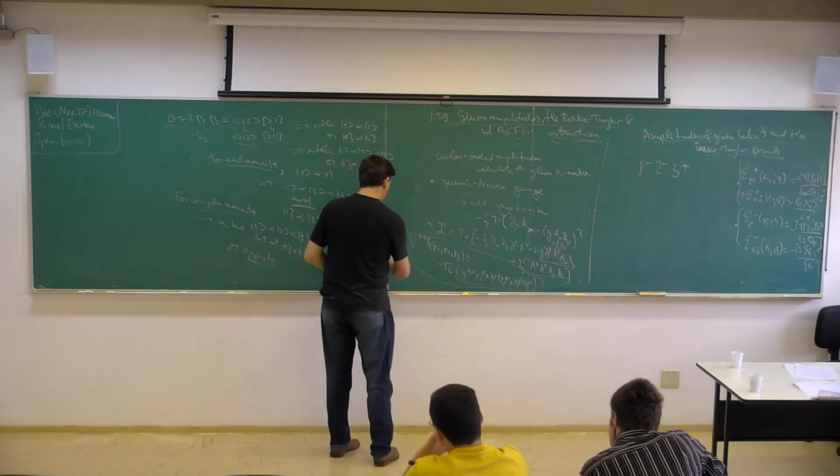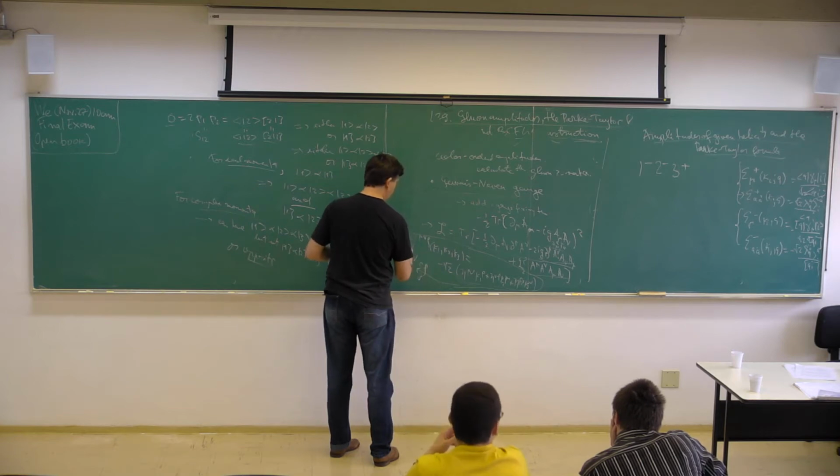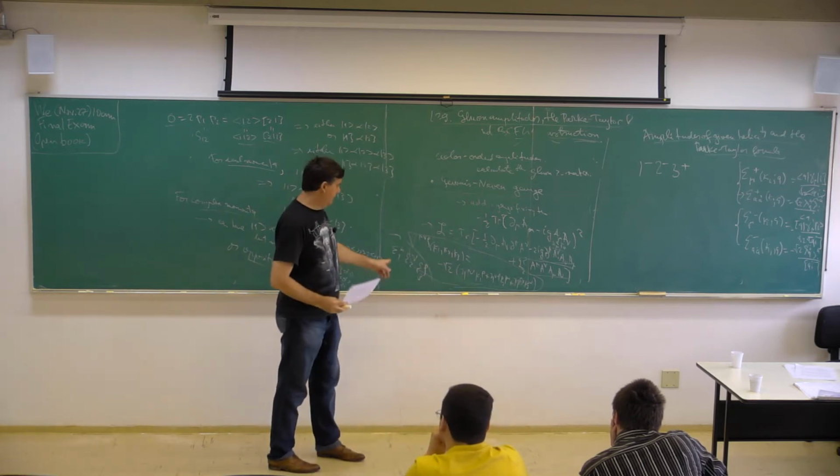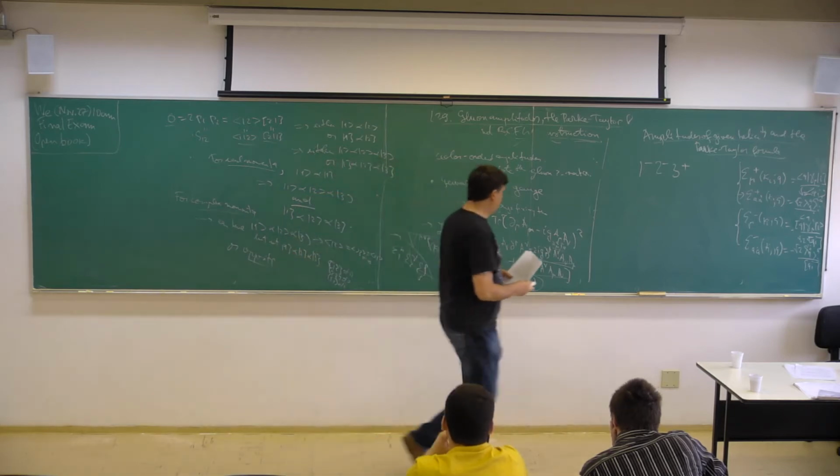So I will do so with epsilon 1 mu, epsilon 2 mu, epsilon 3 rho. I multiply this vertex with the helicities for 1, 2, and 3.